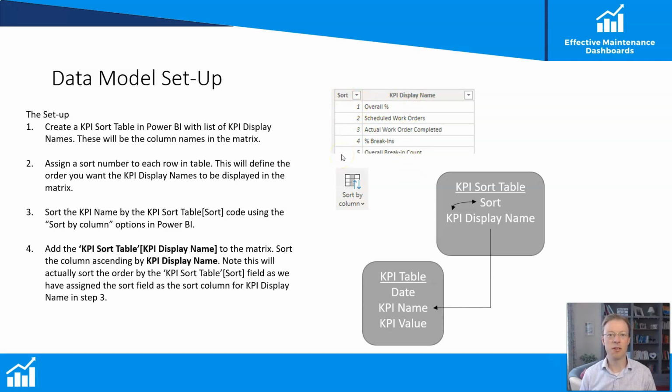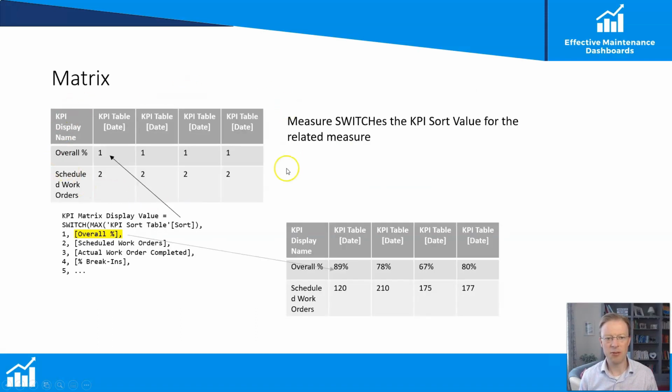And I'm going to show you how you can do that. It's really quite easy in Power BI to do that. And then once we've done that, we will go and add a matrix, and we will use a switch statement, and that's going to go and display the appropriate KPI depending on which sort order we have, or which sort number we've chosen in here, and I'll talk you through that as well.